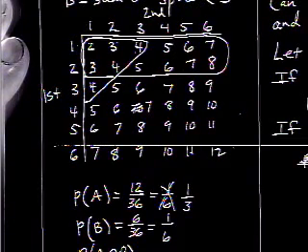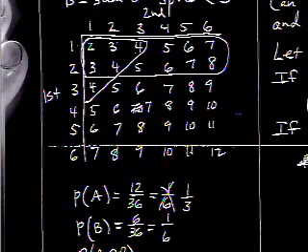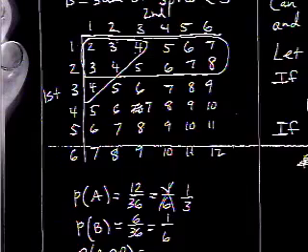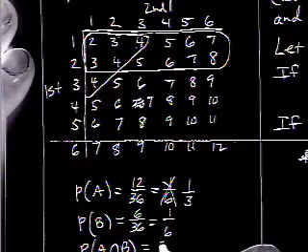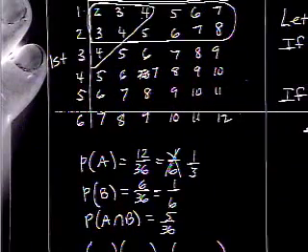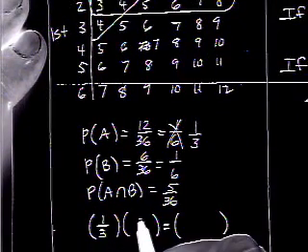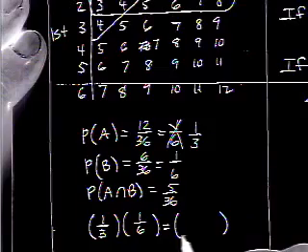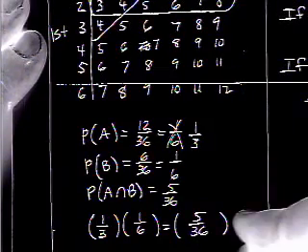I apologize. Okay. So the probability of the intersection, the overlap, looks like they overlap in 5 of the 36 options. So the big question we want to ask ourselves is, is 1/3 times 1/6 equal to 5 over 36? That's the big question.